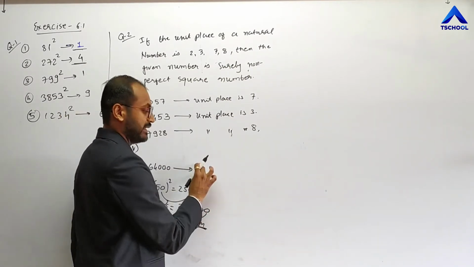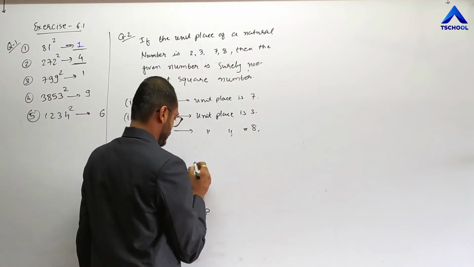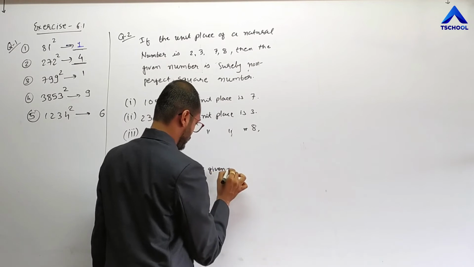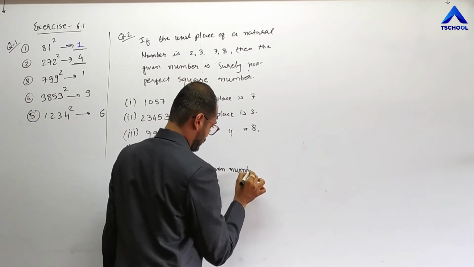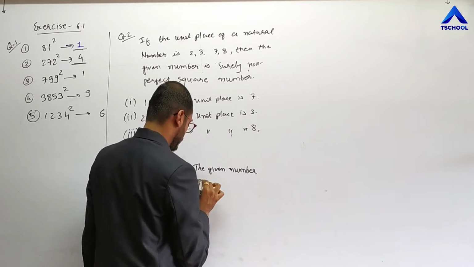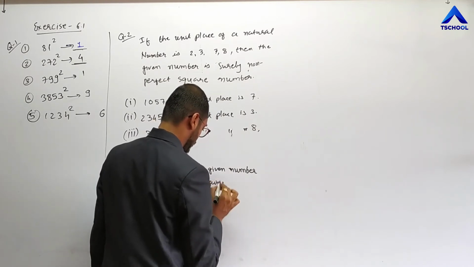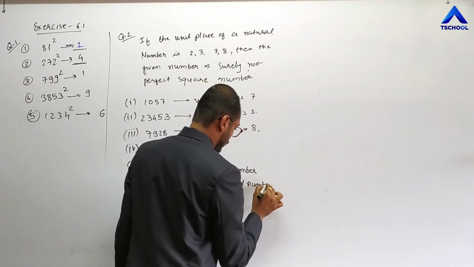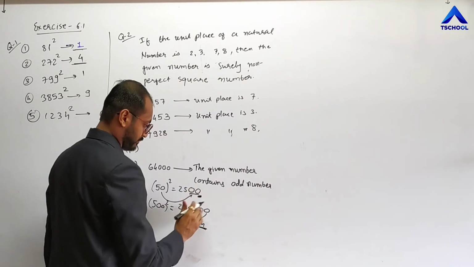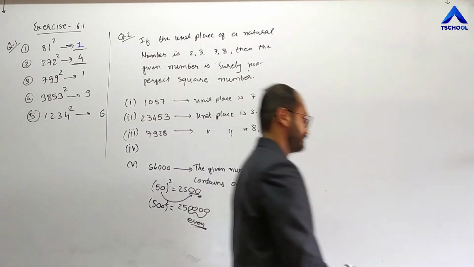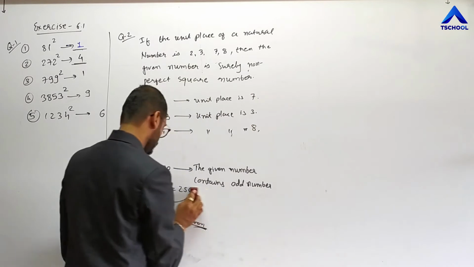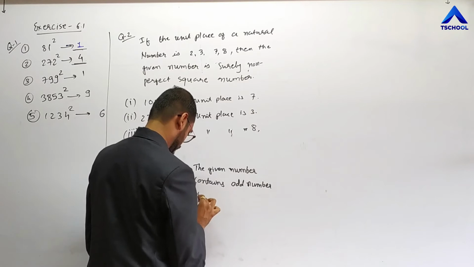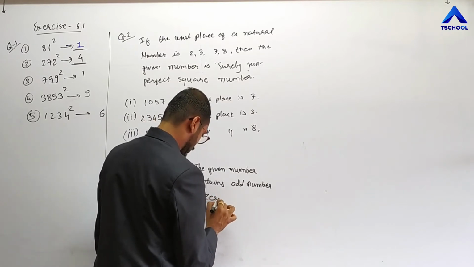So we can write the reason is: the given number contains an odd number of zeros.